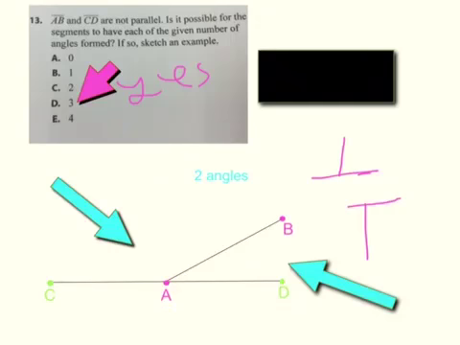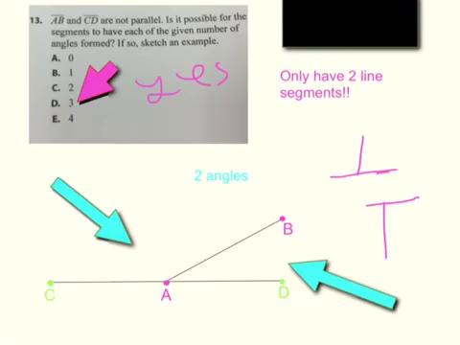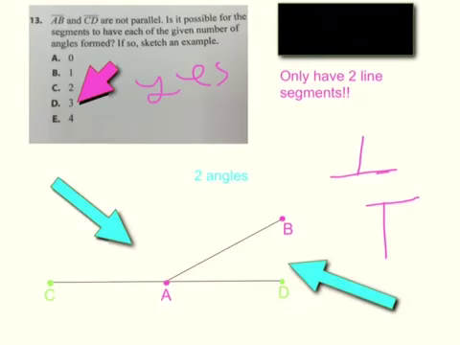But for D, we cannot have three, because we only have two line segments.